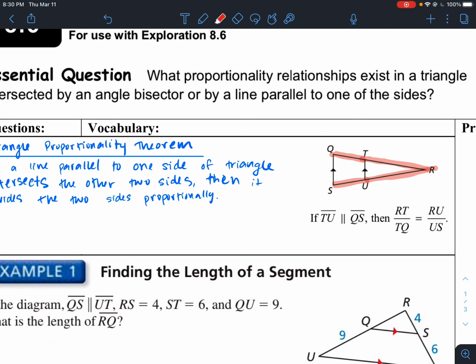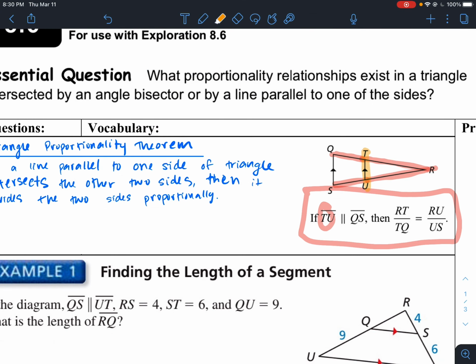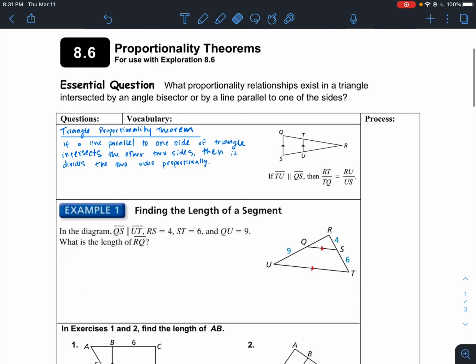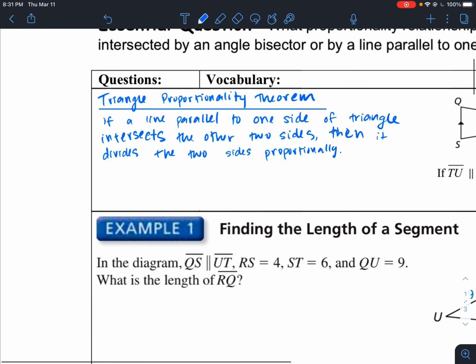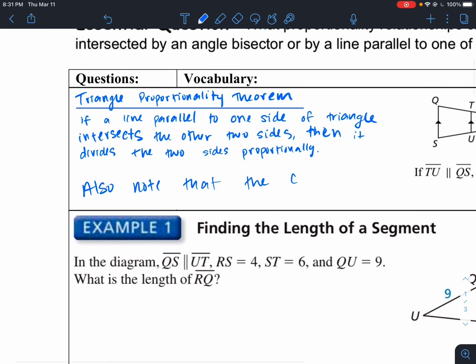So we can set up a proportion just like this. If TU, which is this line right here, is parallel to QS, then these sides are proportioned. Also note that the converse is true as well.